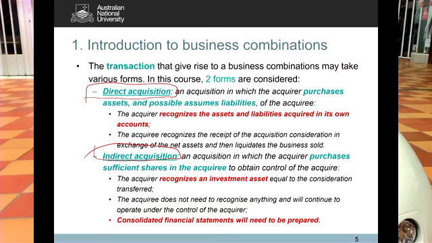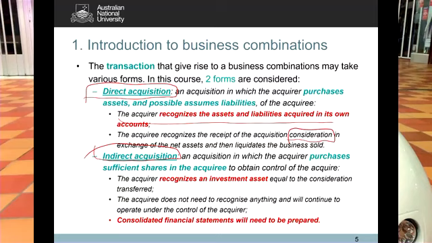When we have an acquisition, it involves two parties. One is the acquirer, another one is the acquiree. The acquirer recognizes the assets and liabilities in their own account, and the acquiree would recognize the receipt of what the acquirer provided. The terminology we use here is consideration.